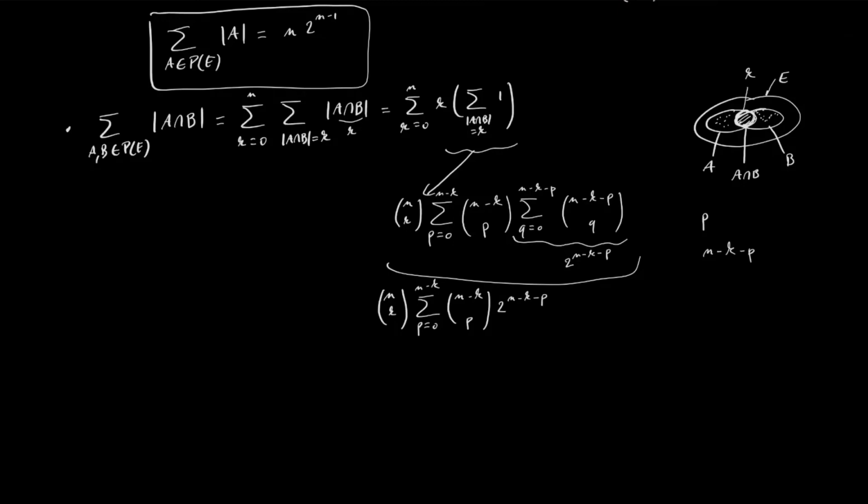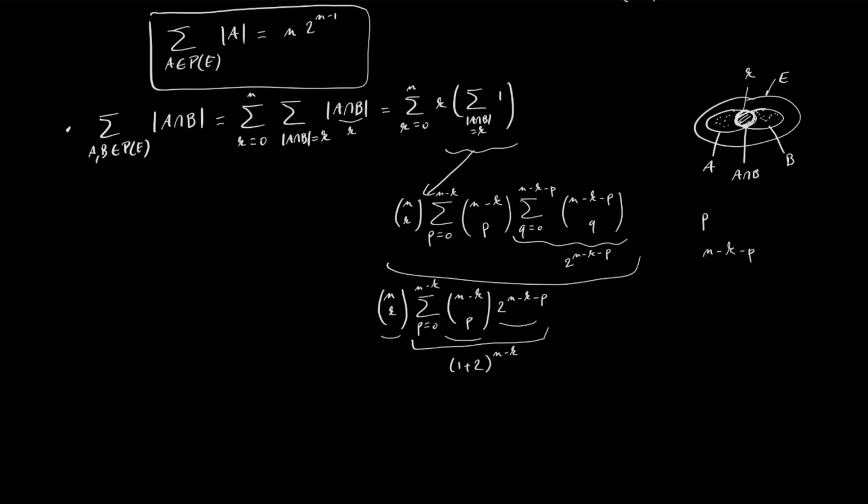So as a quick reminder, here we have the number of choices of intersection that have a cardinality of k elements. Here what we have is the number of ways to choose the subset A, and here what we have is the number of ways to choose the subset B. Notice that we can apply the binomial theorem one more time, and this quantity is exactly equal to 1 plus 2 to the power of n minus k.